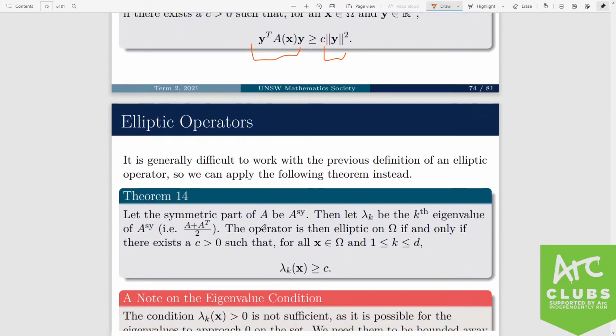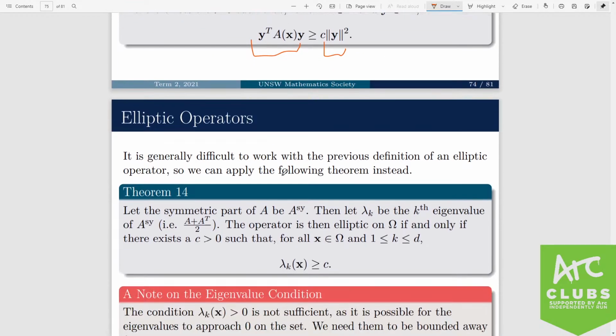So if you get a question which asks to show that something is elliptic, you jump to this theorem, and what it's saying is that if we take the symmetric part of A, which is equal to A plus the transpose of A divided by 2, and we find the eigenvalues of this symmetric part, then these eigenvalues all have to be bounded below by a strictly positive constant. So there needs to be a strictly positive lower bound within the feasible region.